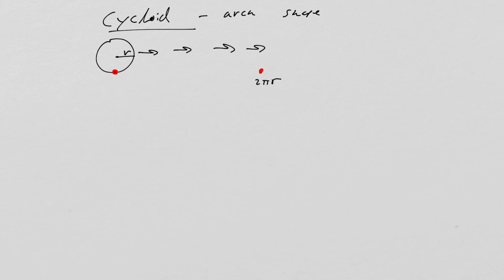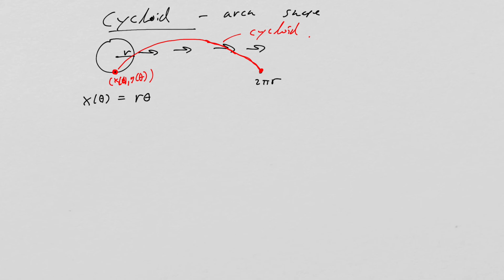But if you track the actual position, x of t, or x of theta, let's say, y of theta, as it goes around, it'll make this arch shape as it goes through its cycle, okay? And that's called a cycloid. And there's a nice formula for it. It's x of theta is equal to r theta.